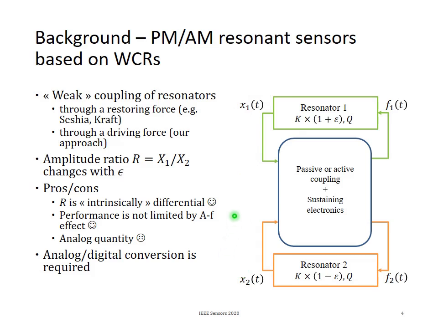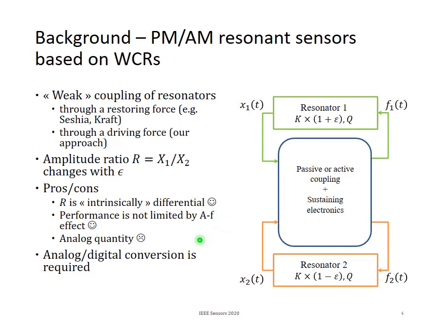What makes the amplitude ratio interesting is that it is intrinsically differential, and also that amplitude measurements are not limited by nonlinearity, what is called the AF effect in the context of oscillators, as opposed to phase or frequency measurements.